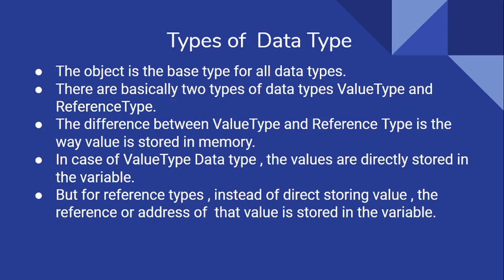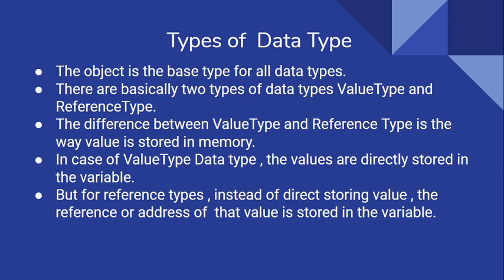We declare the variable age of data type int and assign the value 12 to it. So the compiler creates a block in the memory and stores the value directly into that block. The compiler assigns the name of the variable to that block, let's say age, and directly stores the value in that block. But what happens in case of reference types?